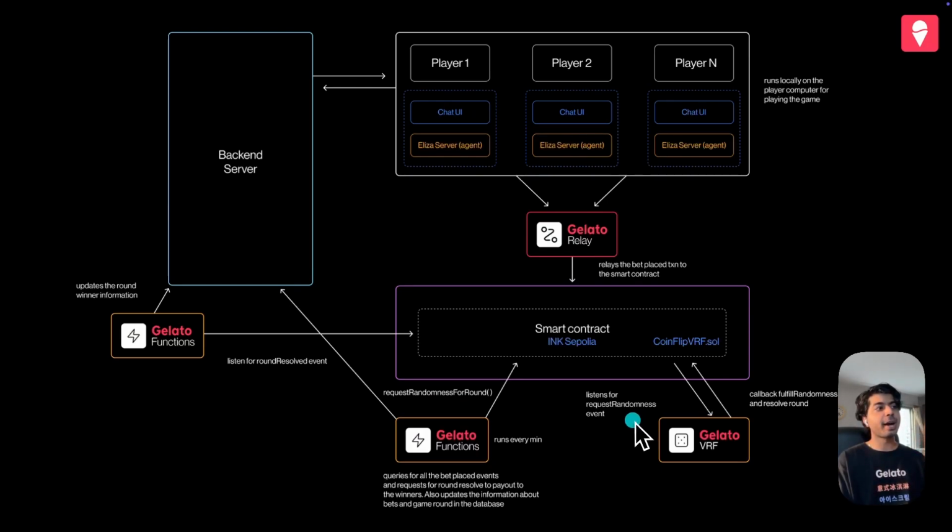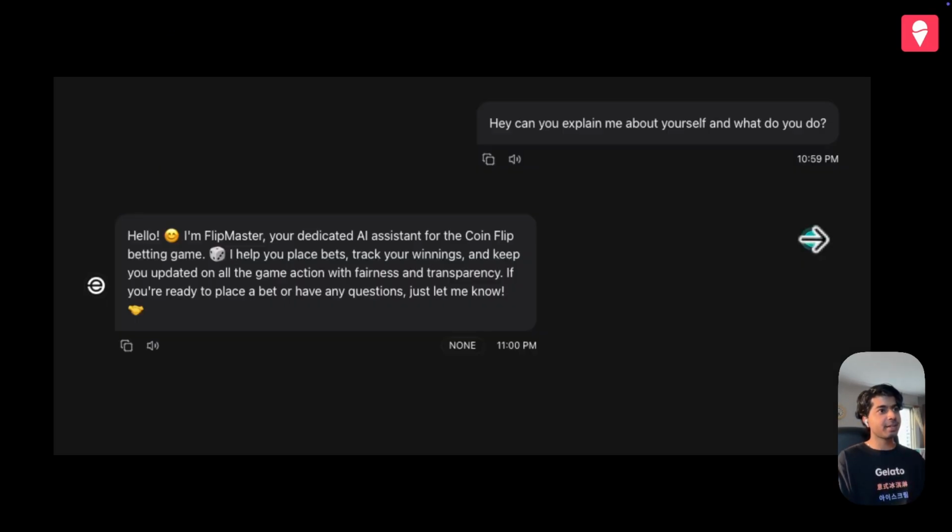We also have a backend server which keeps track of everything, just so it makes it easier for the agents to query data. So that's why there's a backend server. That's the gist of how this works, and that's how this POC has been implemented.